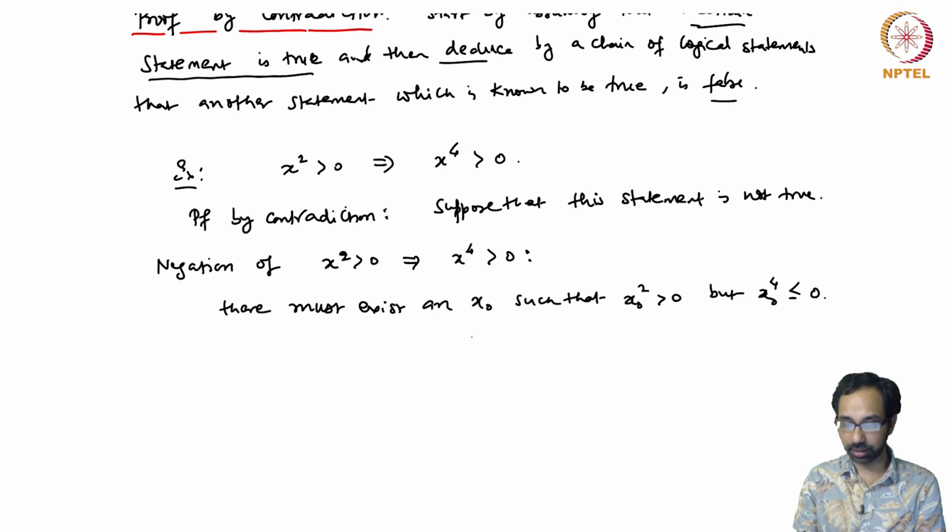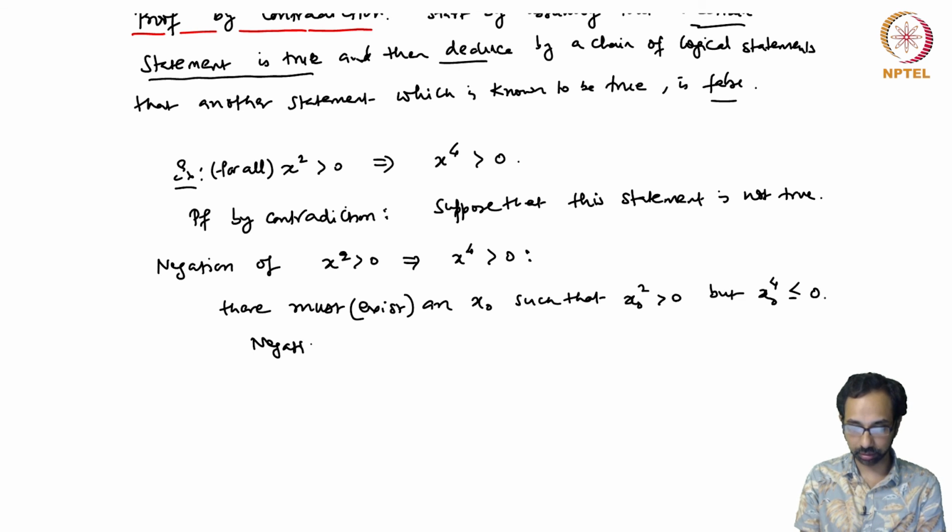So this is the negation, and here the for all gets changed to there exists.